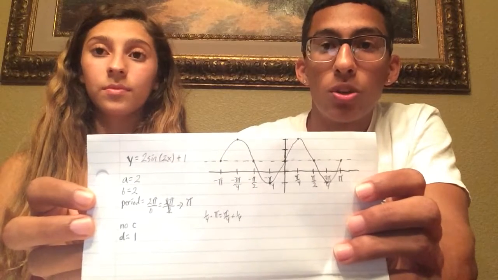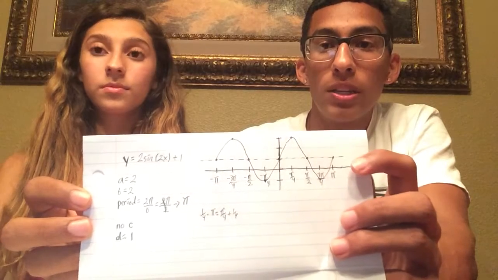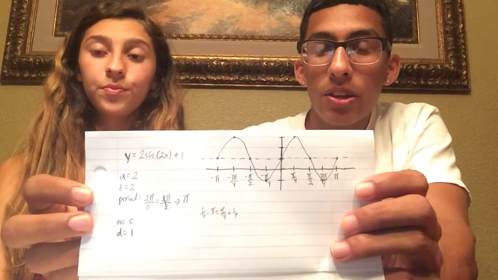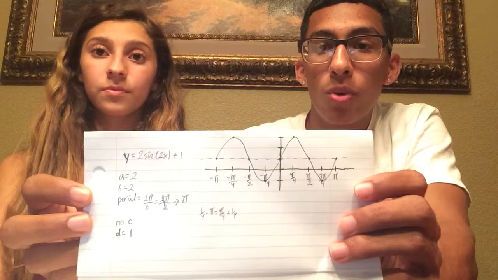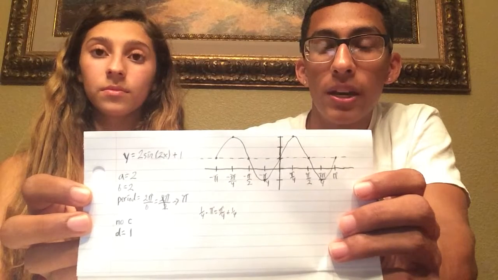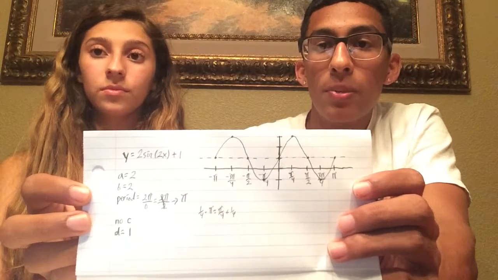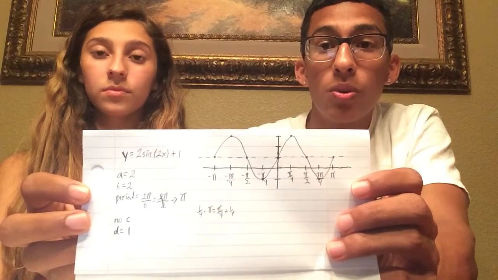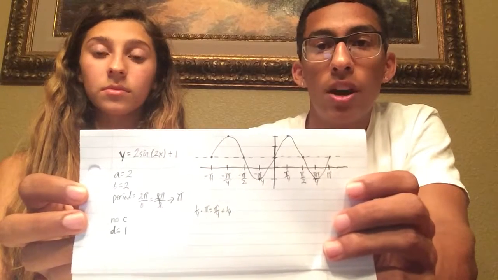And D equals 1, so our equilibrium was moved up 1, as you can see with the dotted line. And you can see from the graph how that one complete wave is pi. And the amplitude is 2, and it's constantly 2, as you can tell, which means that this graph is in simple harmonic motion.